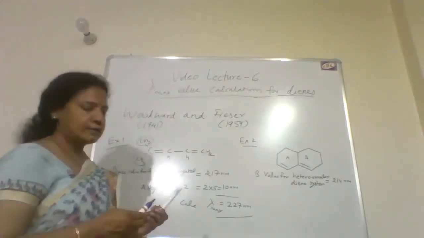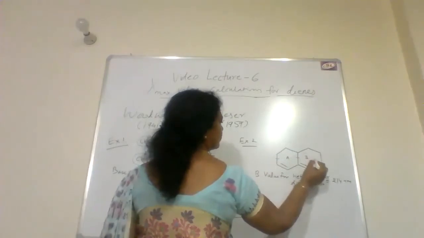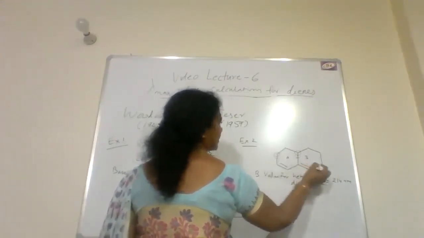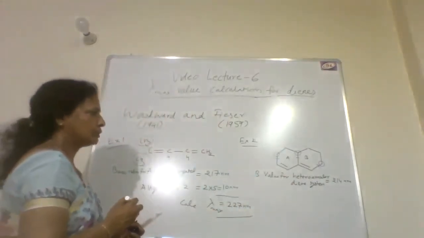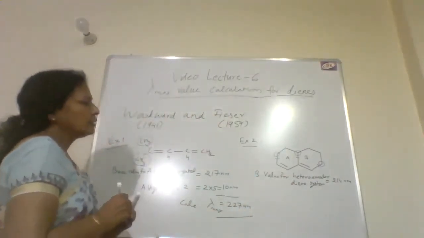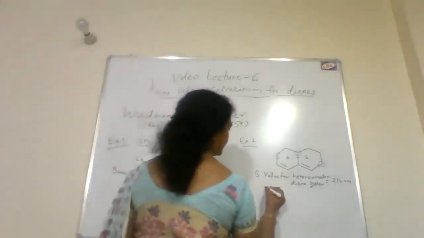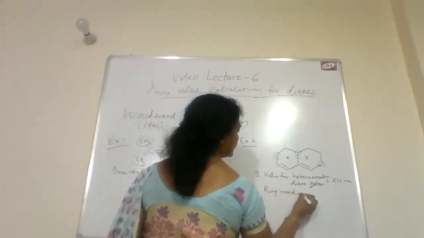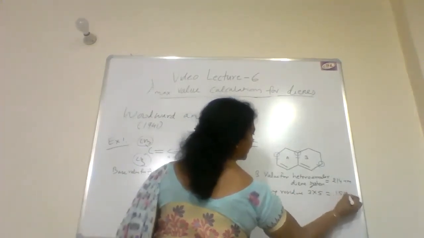Next is ring residues: 1, 2, 3, marked in this way. So 3 ring residues, 3 multiplied by 5, 15 nanometers.